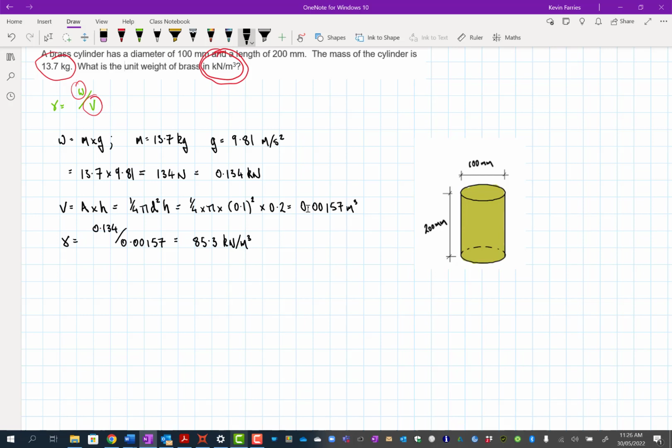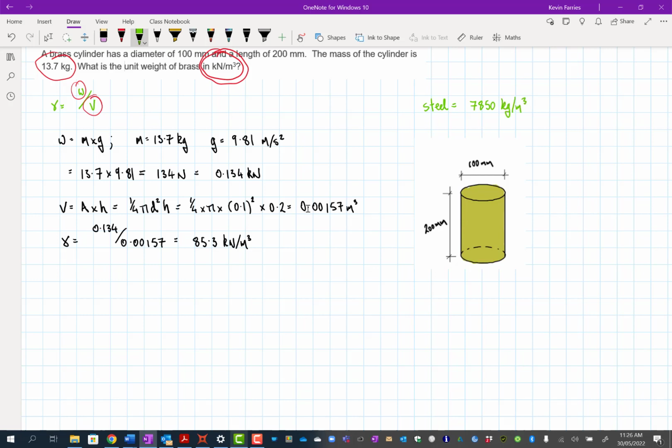As always, you want to try and think, is that sensible? So 85.3 kilonewtons per meter cubed. Now, I haven't memorized the unit weight of brass, but it's worth remembering the unit weight of steel. For steel, I don't really remember the unit weight, I remember the density, and it's roughly 7850 kilograms per meter cubed.